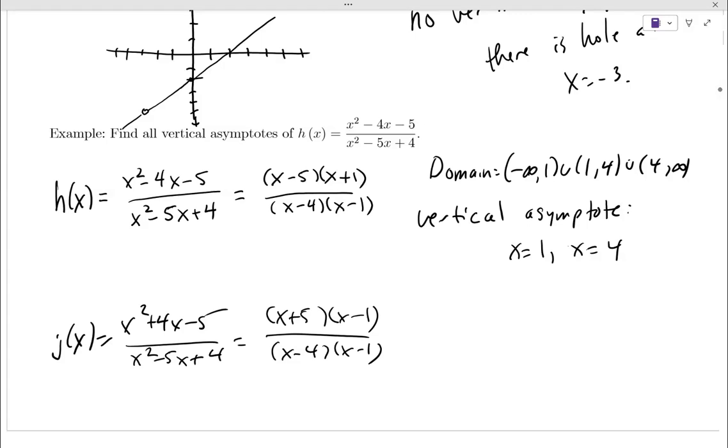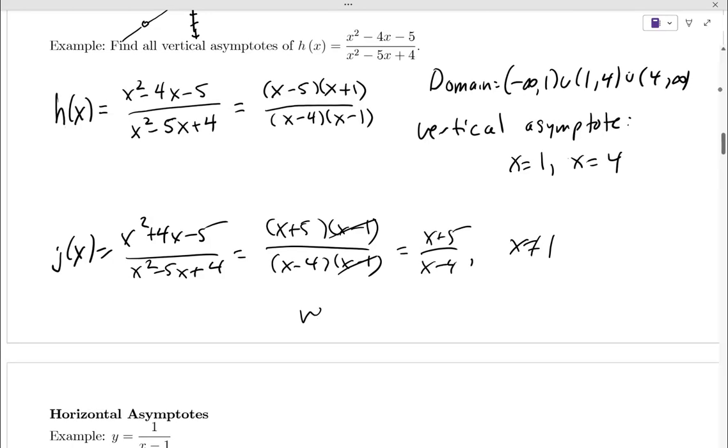These two functions have the exact same domain, right? I still cannot plug in 1 and I still cannot plug in 4, right? They have the exact same domain, but in this case, the x minus 1s go away as long as your x is not equal to 1, right?